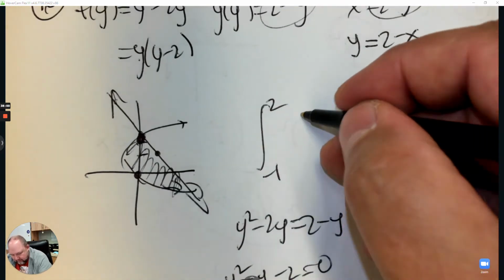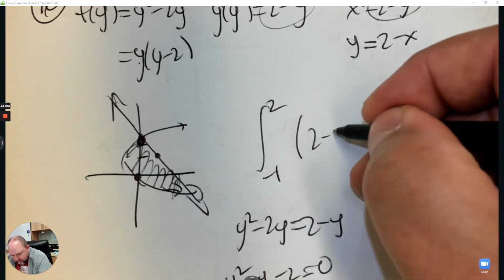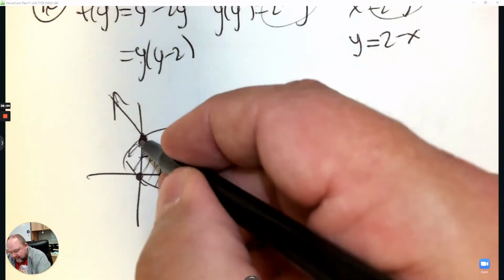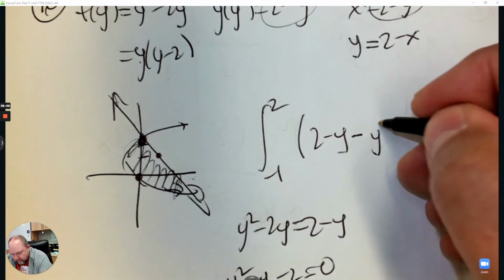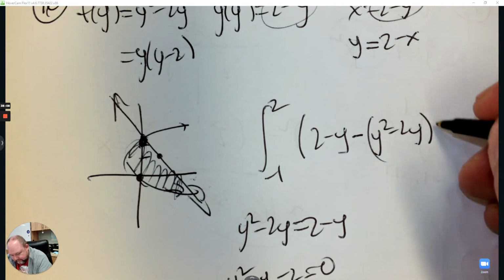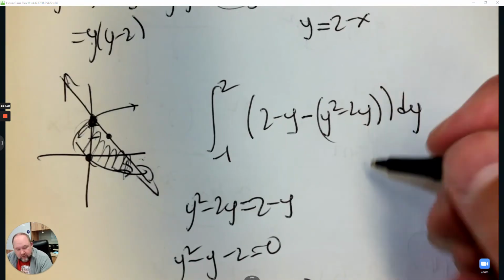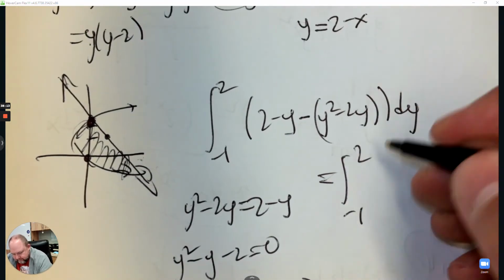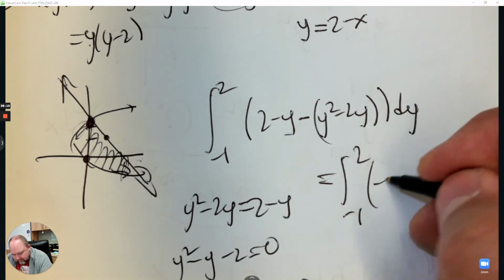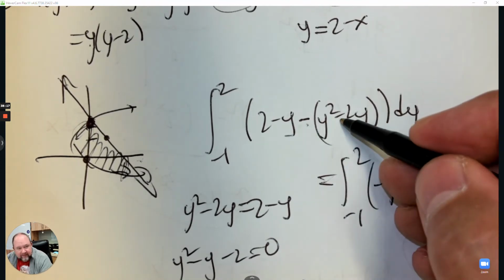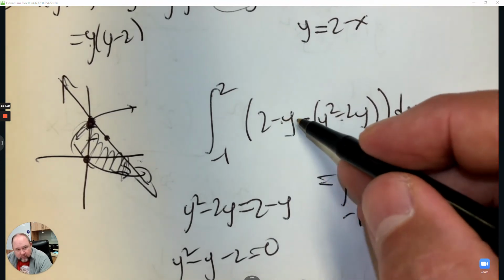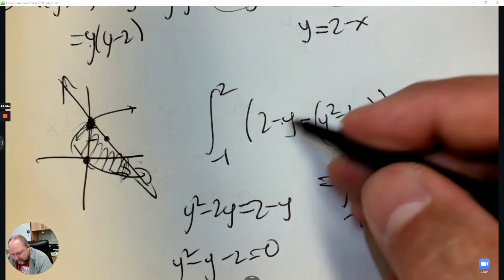And then right subtract left. So on the right is 2 minus y. That's the line. And on the left is the curve, which is y squared minus 2y. I'm going to simplify it. So I have negative y squared. When you subtract a negative, you're adding. So negative y plus 2 is positive y, and then 2.